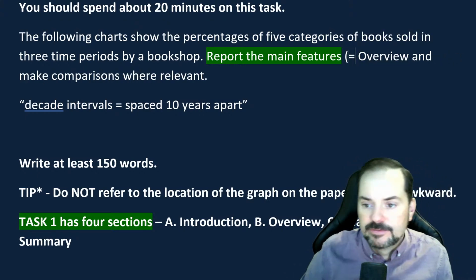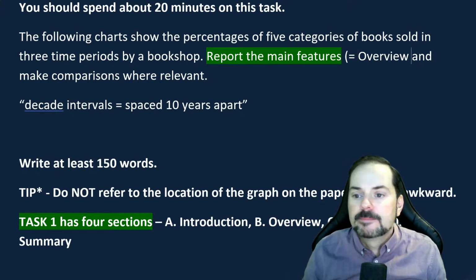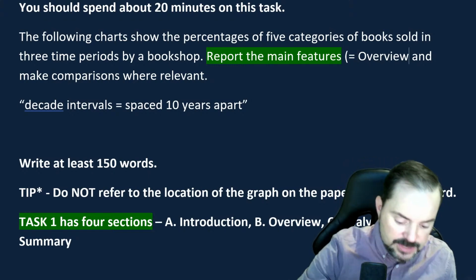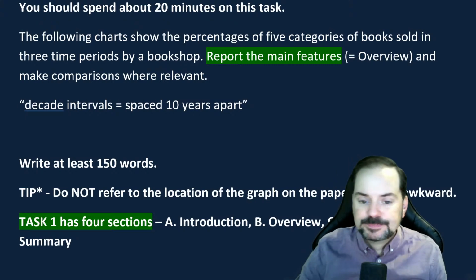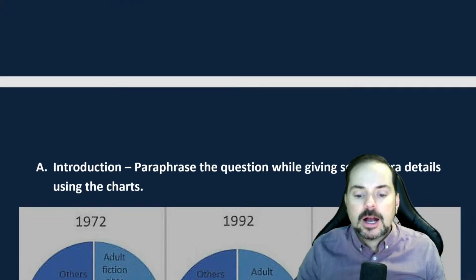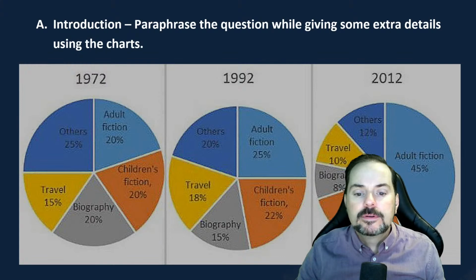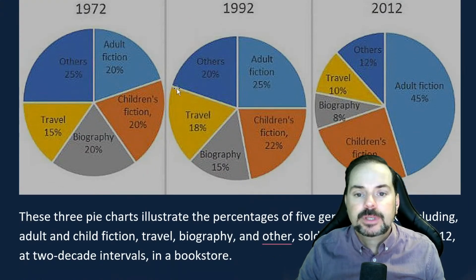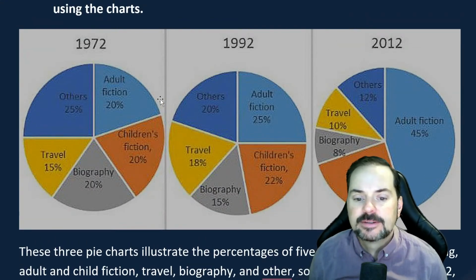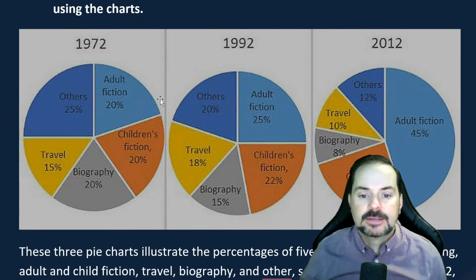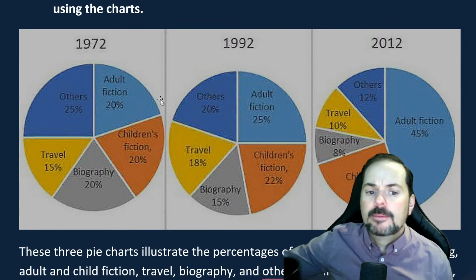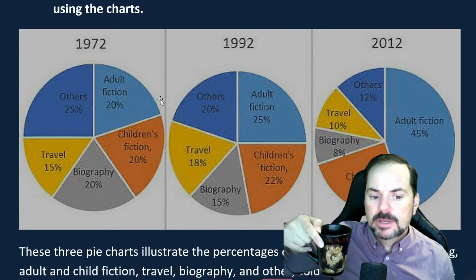Overview is the main features. Make comparisons where relevant is going to be the next part, as you'll soon discover. Okay, so the overview means the biggest difference that you can see. Okay, what's the biggest difference?